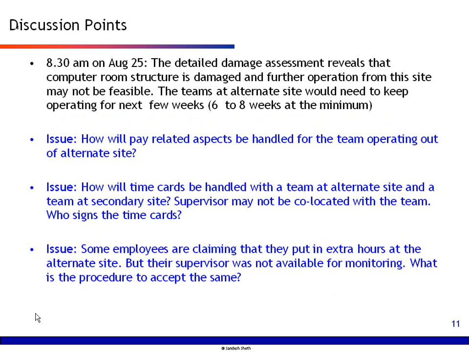So, for the teams who would be operating from the alternate site, the issues that arise are: how are the pay-related aspects going to be handled? Maybe some of the employees have a direct deposit account, but some of them don't. What about the time cards? What if the supervisor is not located with the team? Who signs the time cards? And who monitors the extra hours that they're putting in? What is the procedure?